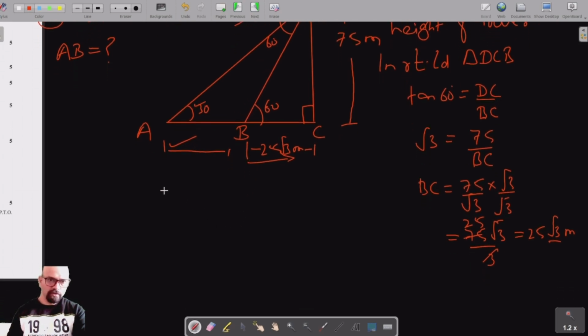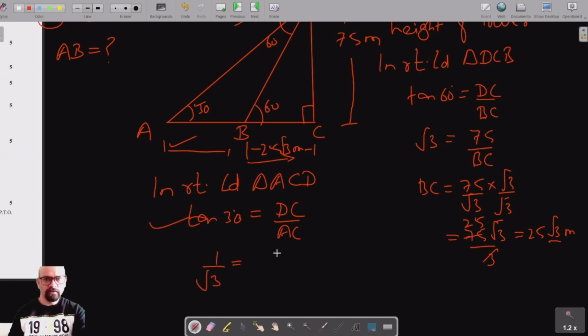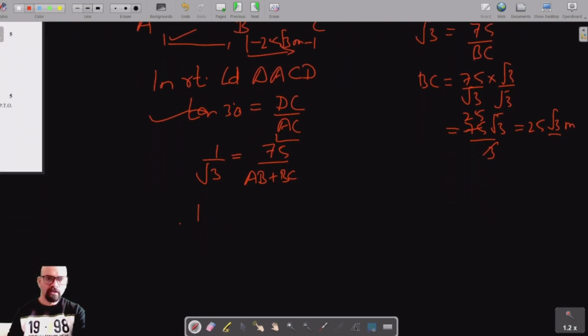And now we are going to use another tan ratio in the bigger right angle triangle, that is ACD. It's tan 30, which is equal to DC by AC. Now tan 30 is 1 by root 3, DC is 75, and AC can be broken into AB plus BC. So this is 1 by root 3 equals 75 over AB plus BC.